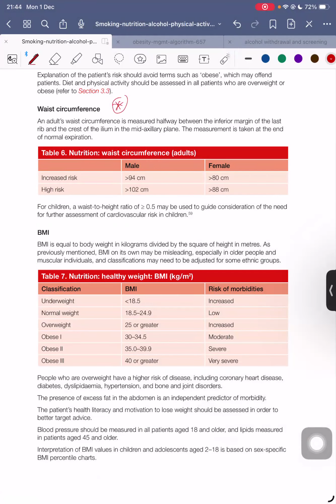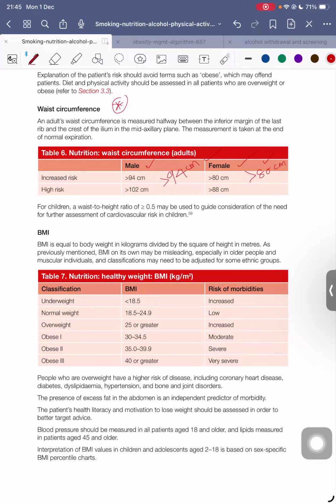In male patients, more than 94 centimeters means increased risk. In females, more than 80 centimeters means increased risk. Please remember this.